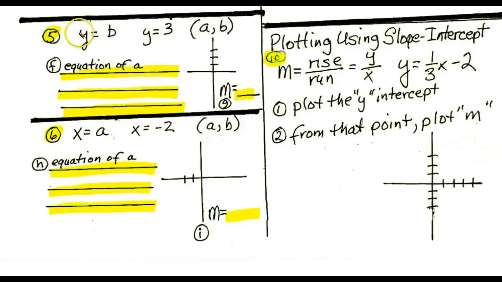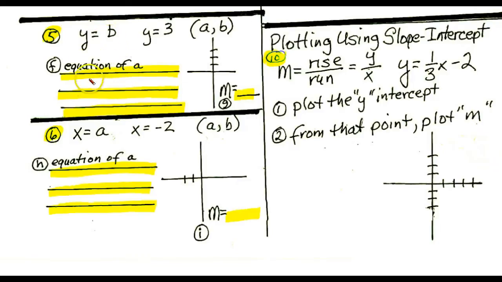There is no x in this equation, y equals b. And an example of one would be y equals 3. What is this equation, y equals b, the equation of? I started it off.